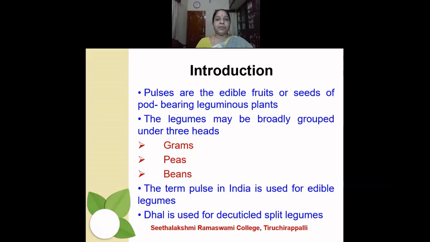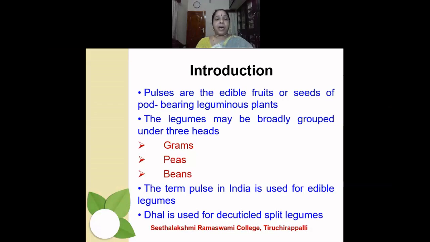We consume the legumes as a whole legume, as in the case of Bengal gram, or we consume them as peas, green peas, or beans, the different types of beans, moth beans for example.